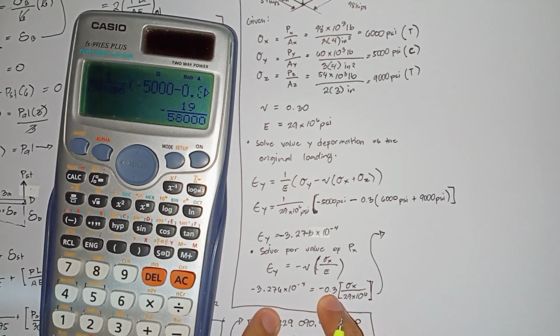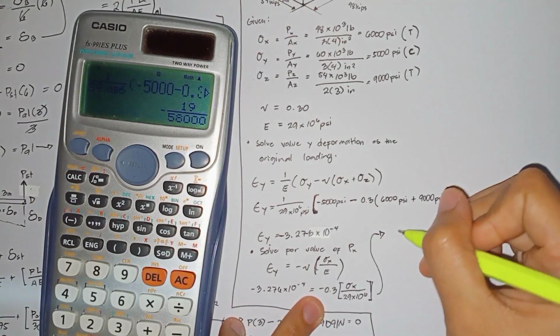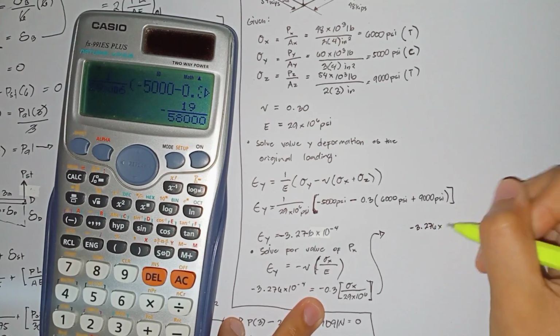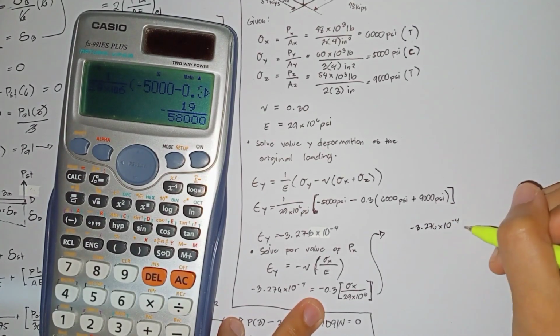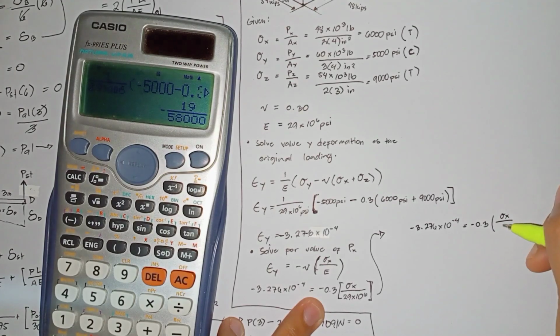So, anong mangyari dyan? I-divide lang natin. Negative 3.276, i-copy ko lang siya ulit, times 10 raised to negative 4, and that is equal to negative 0.3 times stress of x times 29 times 10 raised to 6. Okay.